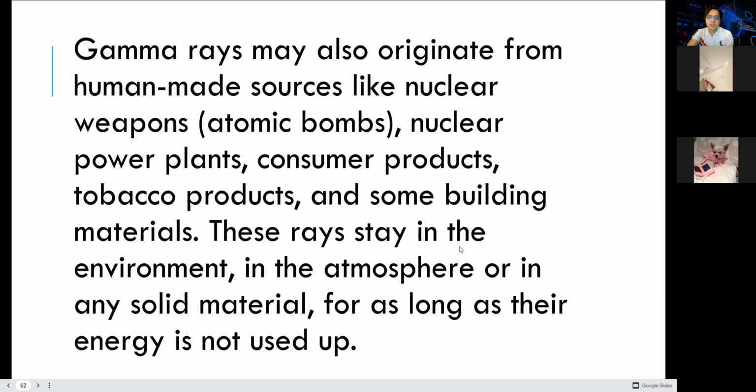These rays stay in the environment, in the atmosphere, or in a solid material for as long as their energy is not used up. Okay, remember that these gamma rays have their own energy, and once it is not used up, it will just stay in the environment for a long period of time until the energy is used up.